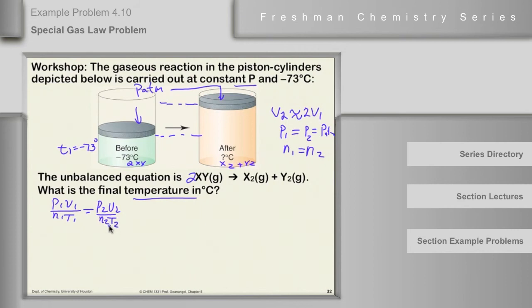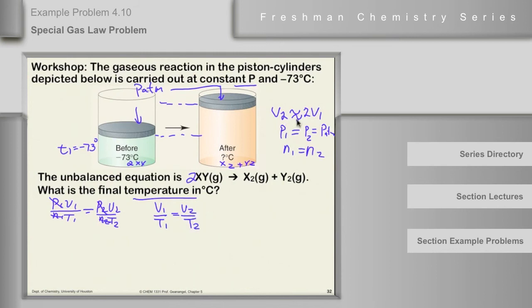And we're going to solve for T2. But now we're going to notice P1 and P2 are the same, and N1 and N2 are the same. So this simplifies down to V1 over T1 equals V2 over T2.